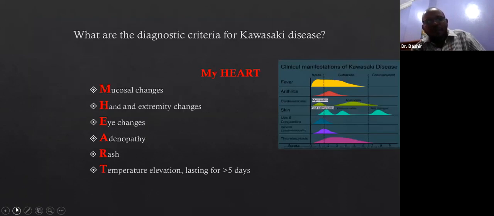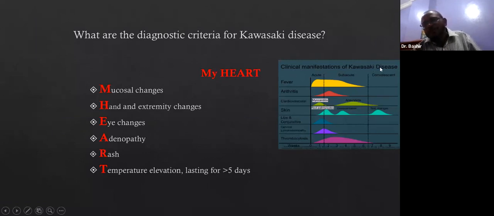Right. Also, we have a mnemonic, which is MY HEART. M for mucosal changes, H for hand and extremity changes, eyes changes, adenopathy, lymphadenopathy, rash, and temperature elevation lasting for more than 5 days.